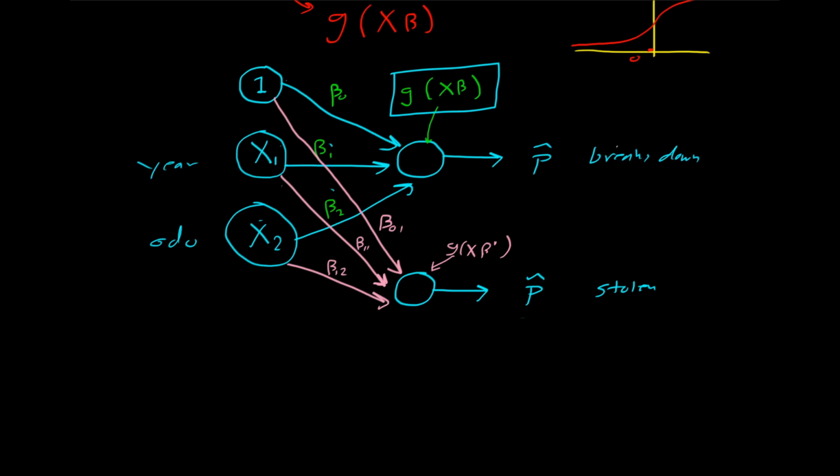Now, I want to recall, like I'm writing, predicting probability of something, but what's actually coming out of these models is just a number between 0 and 1. So you can have a situation where maybe you put your variables in, you predict the probability the car breaks down is like 0.3, and you predict the probability that the car gets stolen is like 0.1.